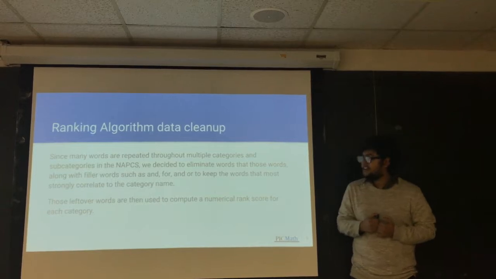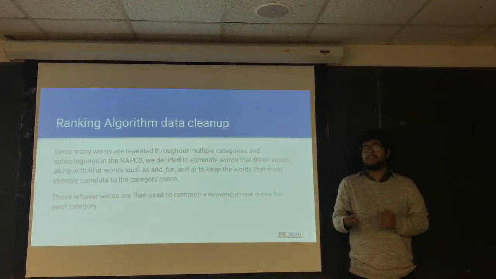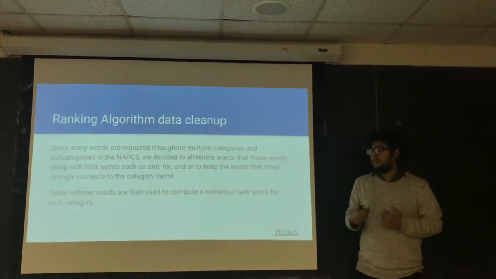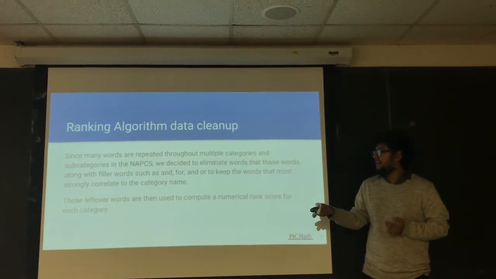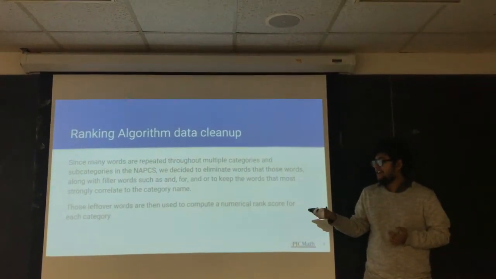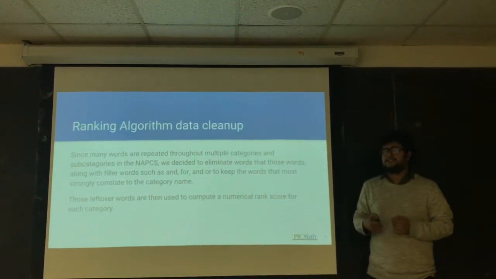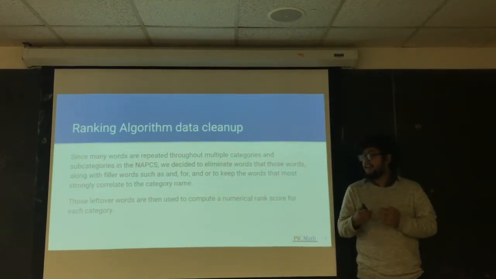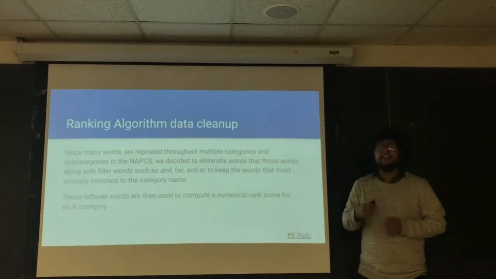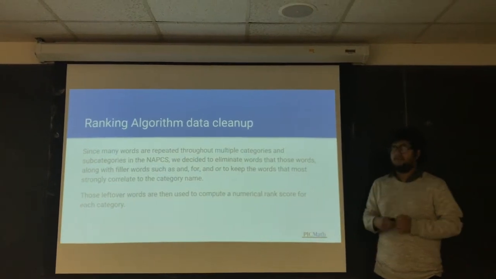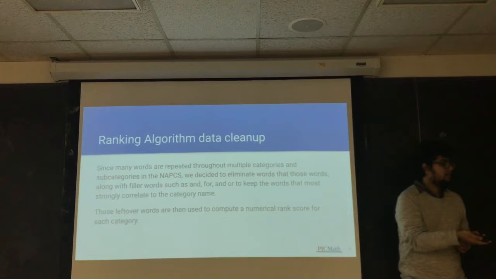Those words appear throughout the categories, and they wouldn't really help us in ranking queries into sections. That's why we try to keep those words out. Similarly, we try to keep words like as, for, and, to out of the model because they really don't help in ranking. And after that, we develop a numerical rank score for each category so that we can find out which category got the best numerical rank score for a particular query.